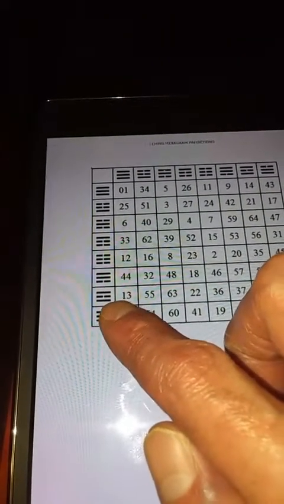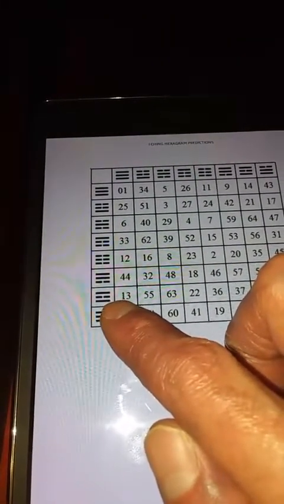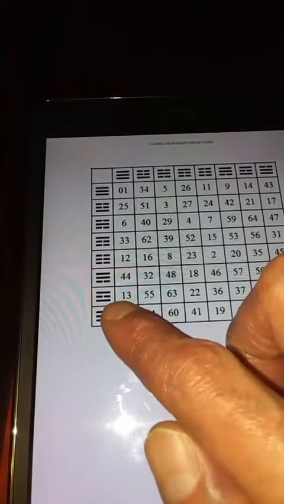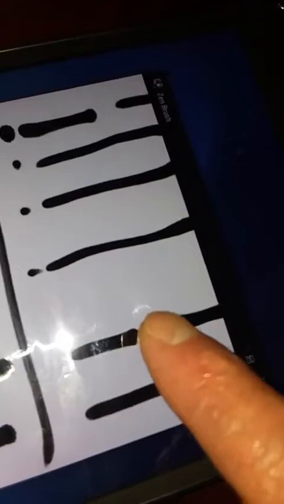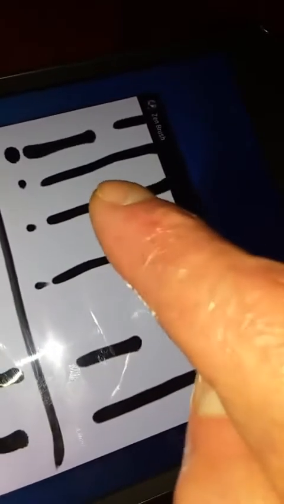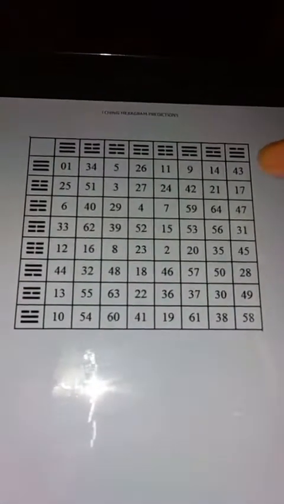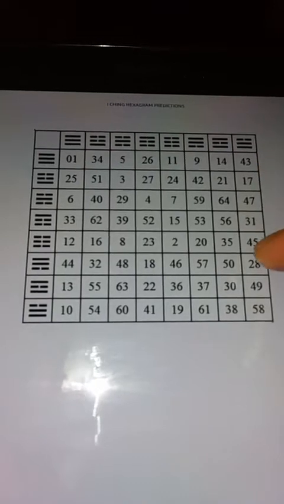When we look at it from down here, we see yang, yin, and yang. And that's what we have here as our changing. Yang, yin, and yang. So we need to find two yangs and a yin. Two yangs and a yin. So right here.